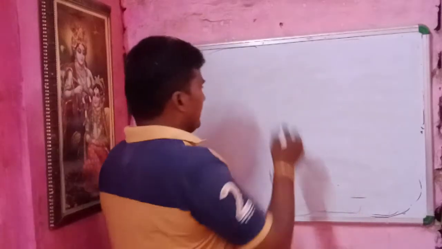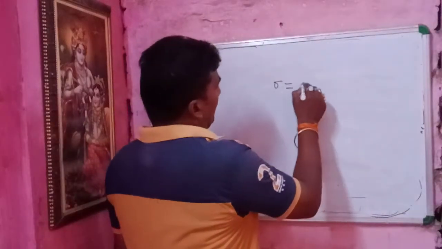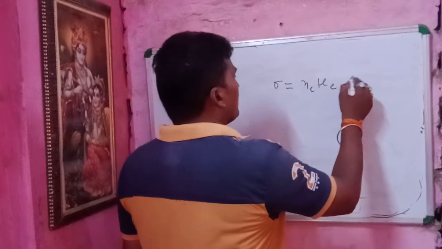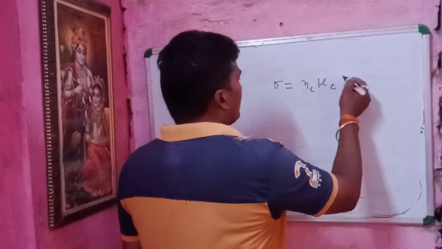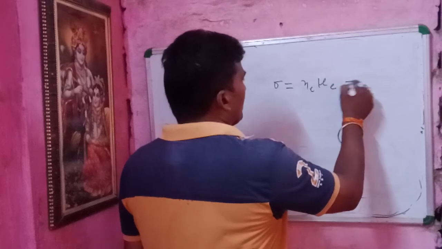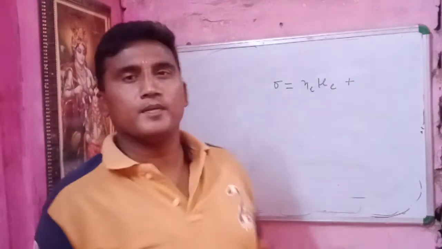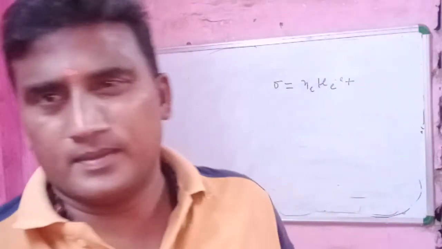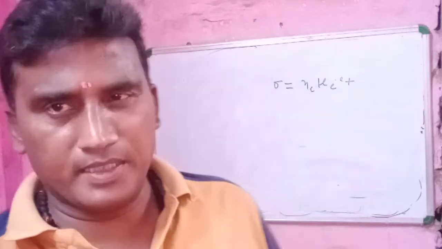The electrical conductivity in semiconductors can easily be written in terms of the number of holes and electrons.